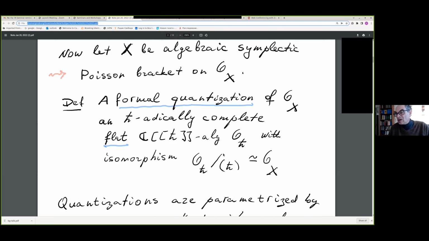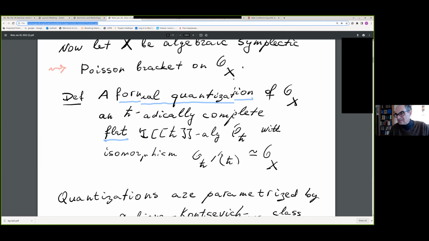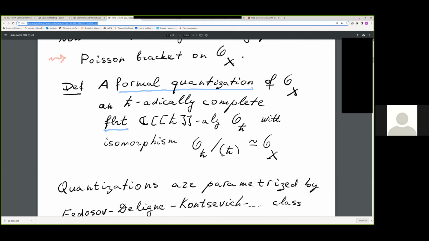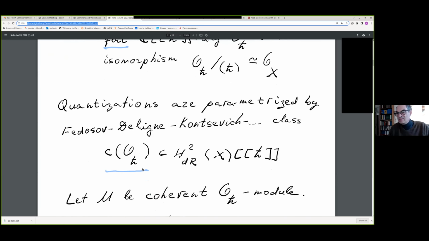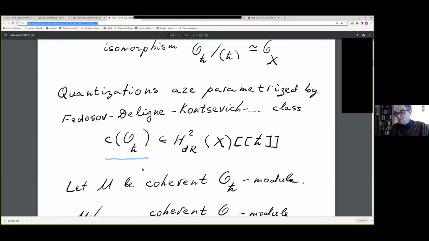So it is known how to quantize any algebraic symplectic manifold, no matter whether it's affine or projective, as long as it is symplectic and smooth. The output is written right here. There is a class which is very similar to what Kontsevich says. It can be called Fedosov, Deligne, Kontsevich, there are many other names, and sometimes it's called the period class.